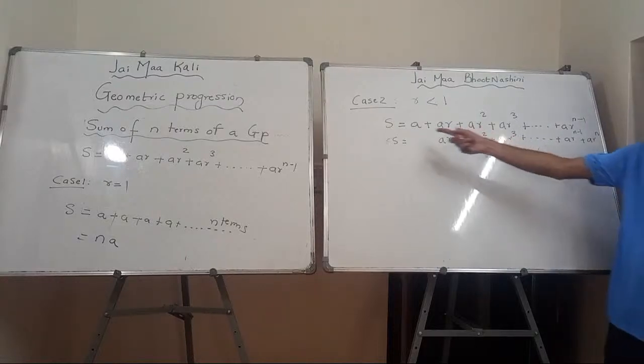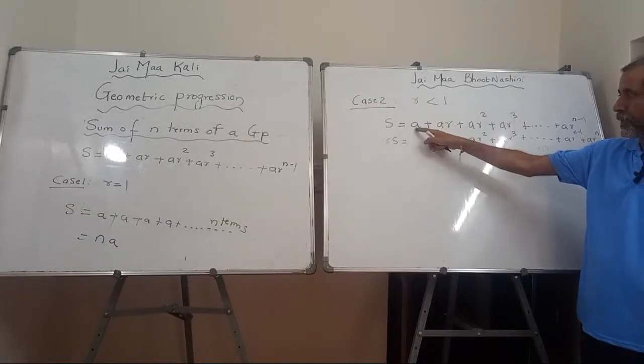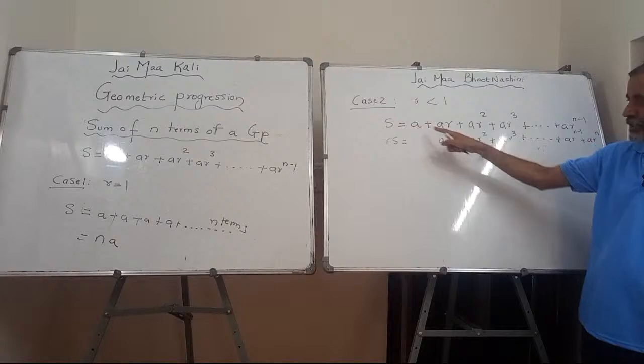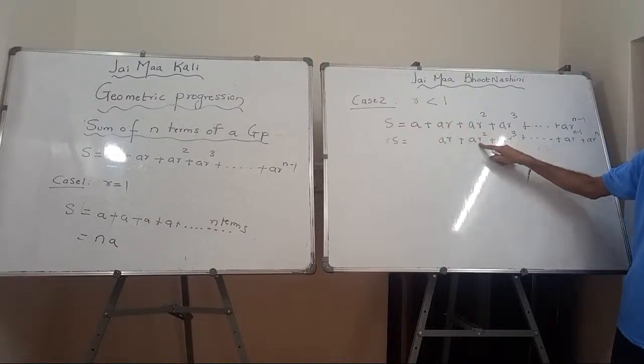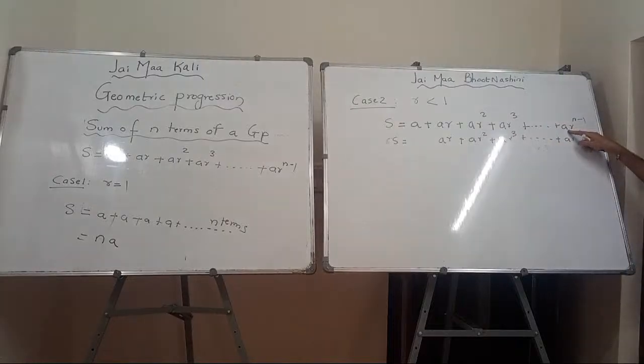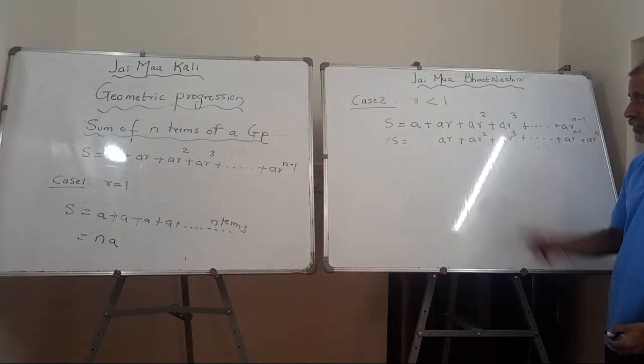If I multiply this with r, every term will be multiplied with r. So a will become ar, ar will become ar square, and ar raised to n minus 1 will become ar raised to n, because one more r will be added.